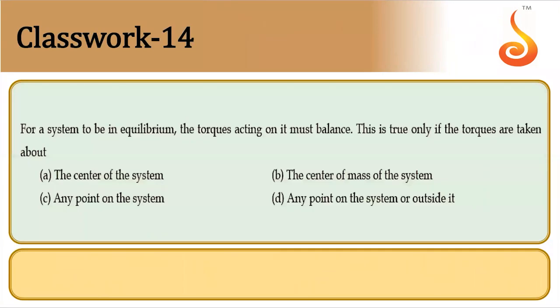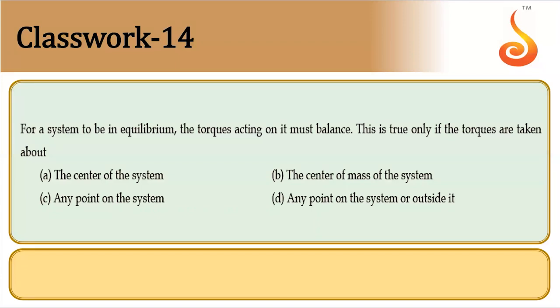For a system to be in equilibrium, torques acting on it must balance. This is true even if torques are taken about the center of mass of the system, any point on the system, or outside it. So for a system to be in equilibrium, net torque should be 0.